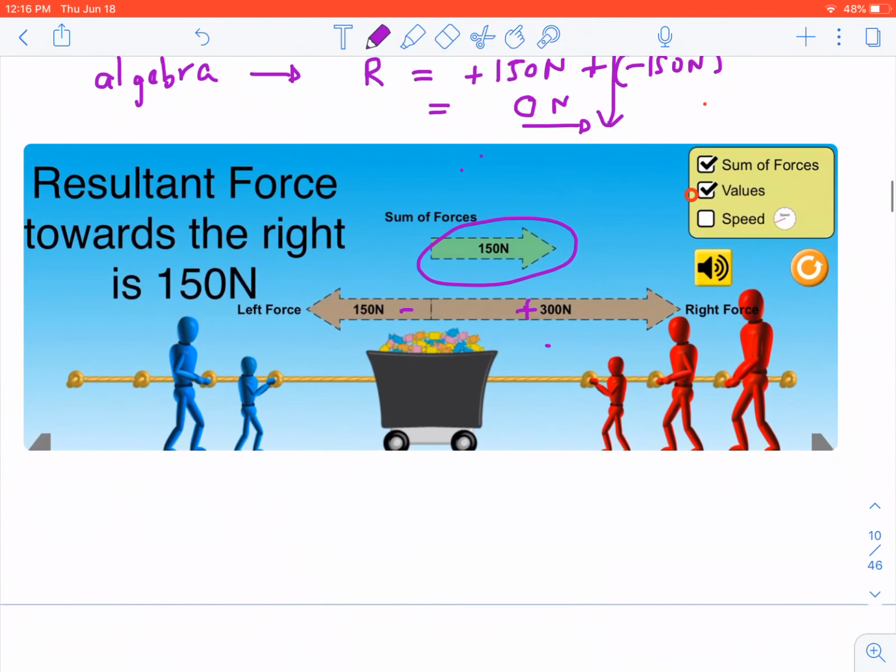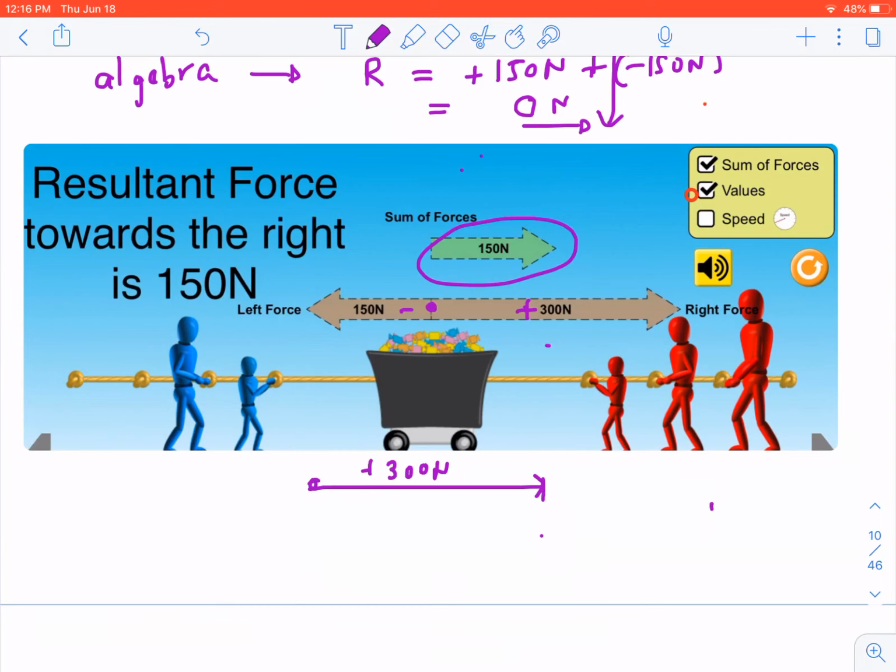So if we're doing it geometrically, we take our force. We start at that point. Now I have 300 newtons this way, so that's my tail and that's my head.